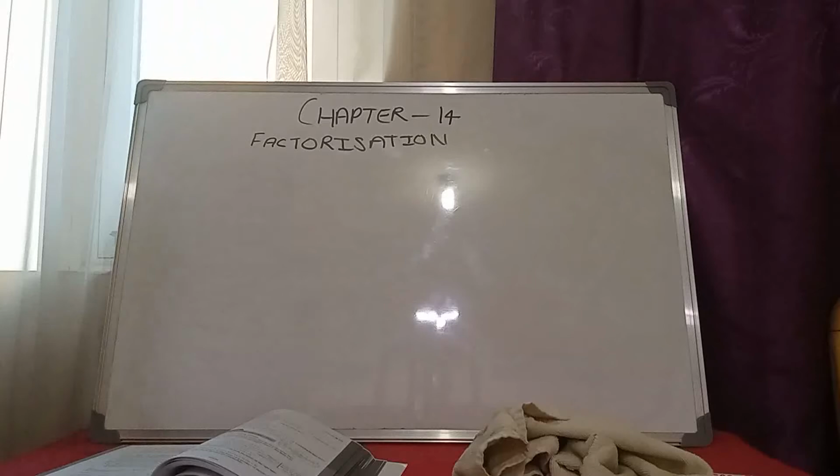Factorization of any algebraic expression means that the expression can be written as a product of factors. For example, 5xy can easily be shown as the product of 5, x and y.